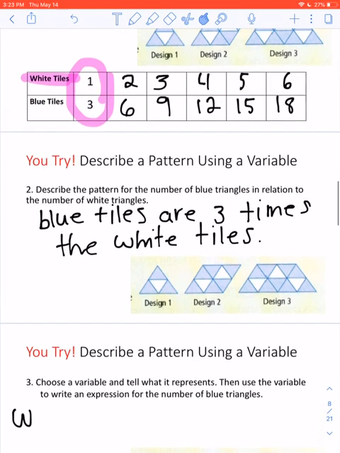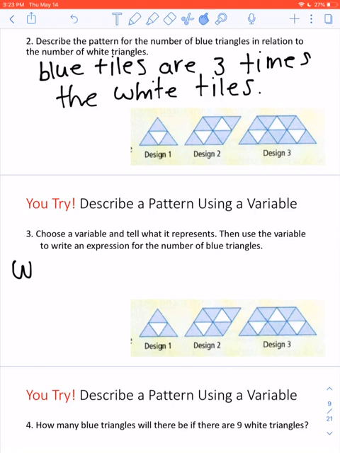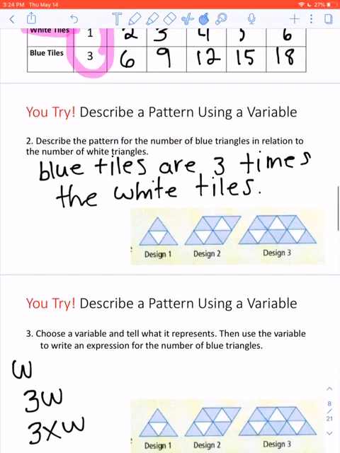Now, if the white tiles is unknown, then we know that the blue triangles are 3 times the white triangles. So if I write this down, it's going to be 3W, which is the same thing as 3 times W. The nice thing about this is you can check to make sure it works.